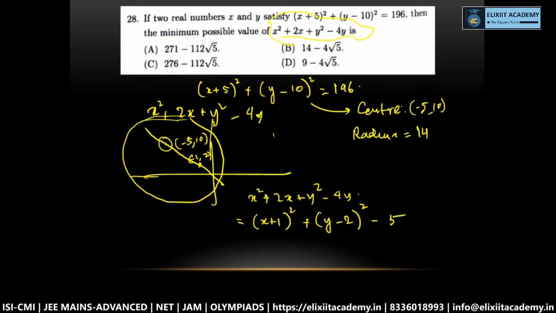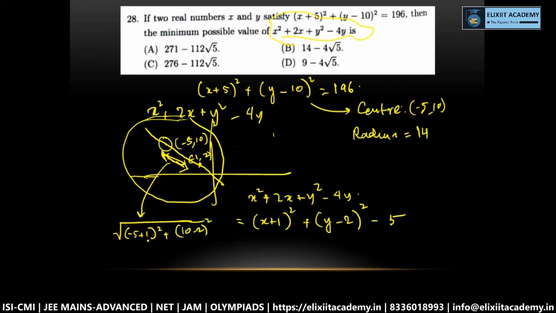The thing is, basically, we can find this distance. This is how much this distance is. This is square root of minus 5 plus 1 whole square plus 10 minus 2 whole square.